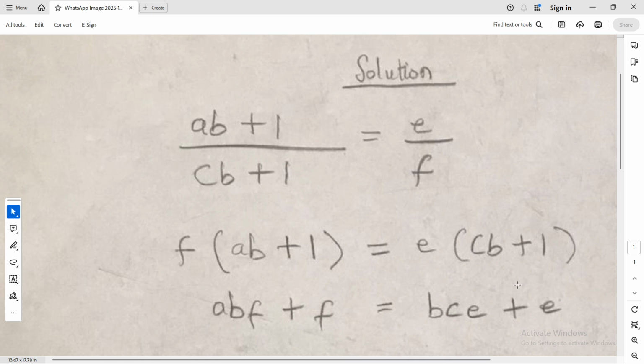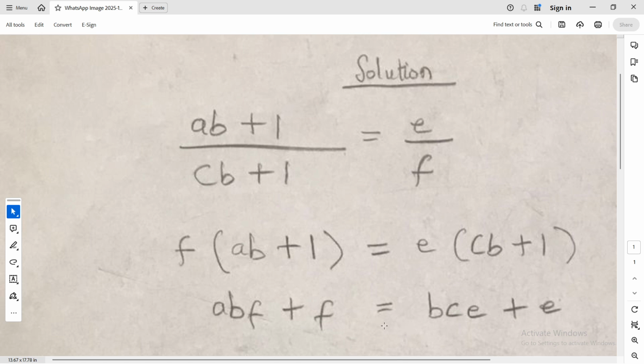Yes. So we are going to have our new equation to be ABF minus BC, minus BC because BC here is positive, and it will cross the equal to sign and change its form to become negative. So whenever a variable crosses the equal to sign, it changes its form.